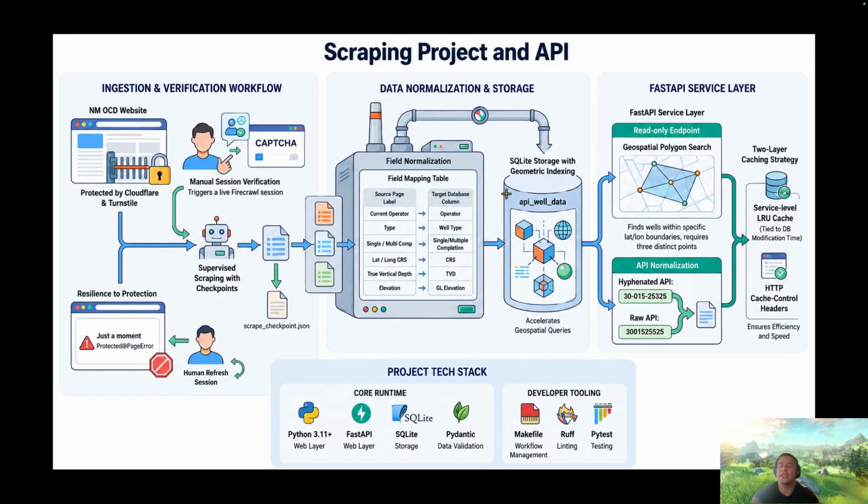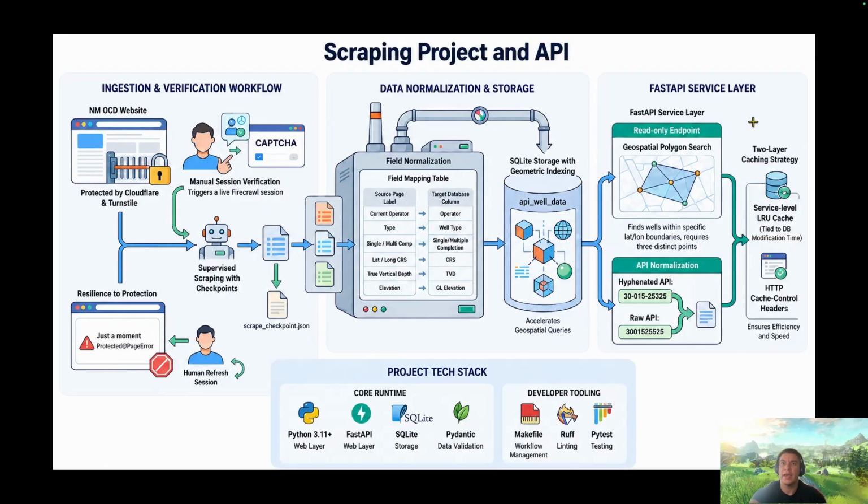In this API, we have an endpoint called Polygon, and just to have faster results and better performance, I'm adding the indexing on certain columns, and that's why we need it for the geospatial polygon search, right?